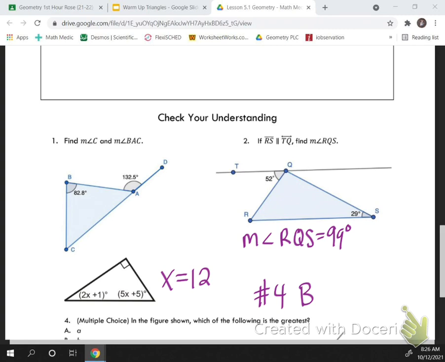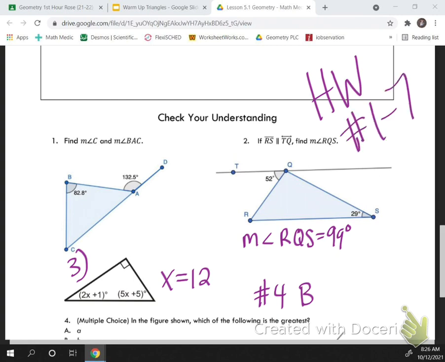You can check your answers to number 2, 3, and 4. And then your homework tonight is this worksheet, numbers 1 through 7.